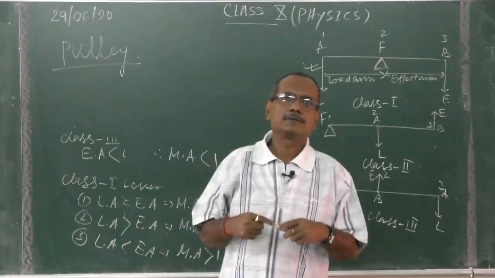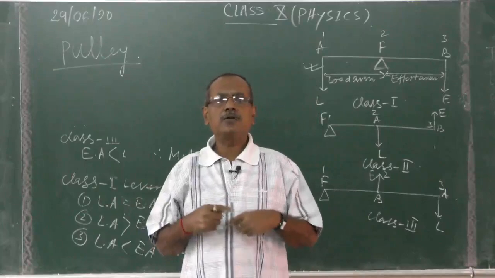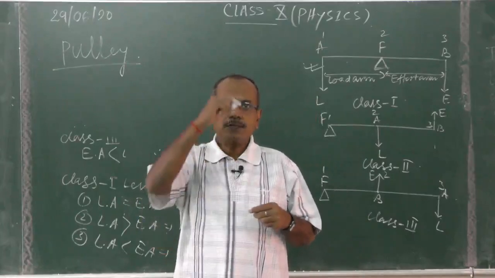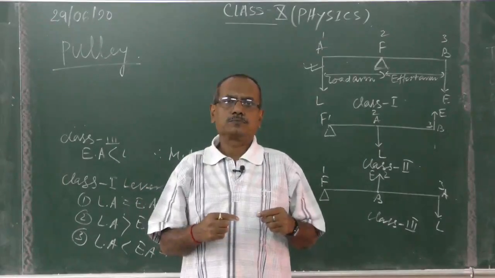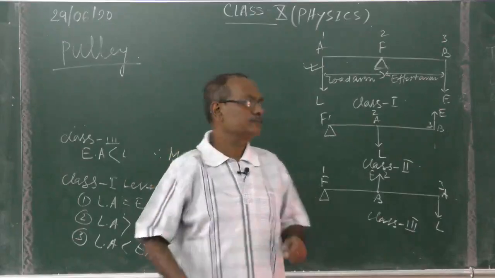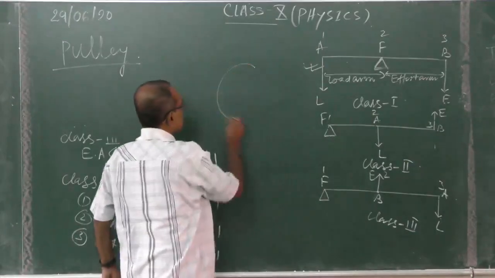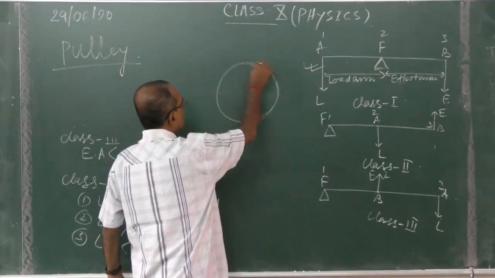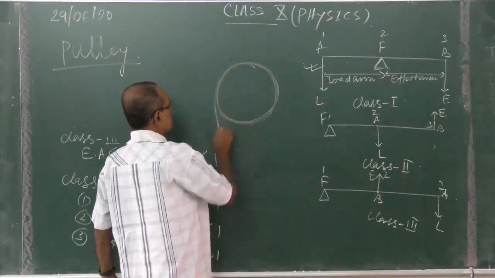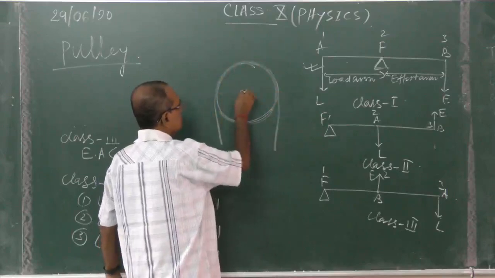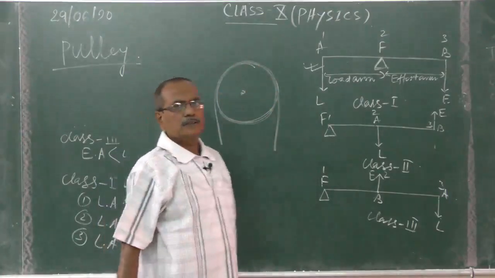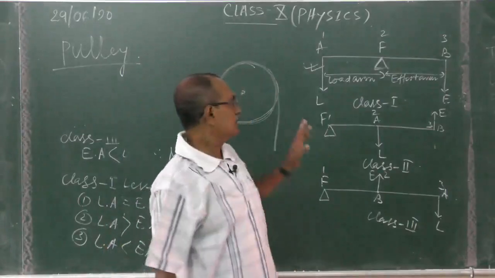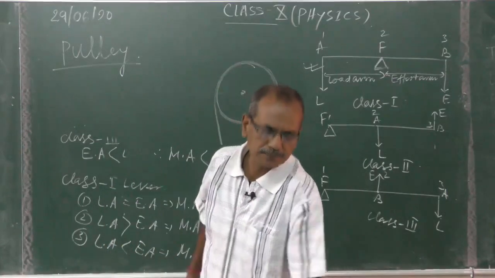The disc is made up of metal, wood, whatever, but there is a groove on its rim. This is the disc, so here there will be a groove through which rope can be passed. And this is the fixed axle through which it will rotate.